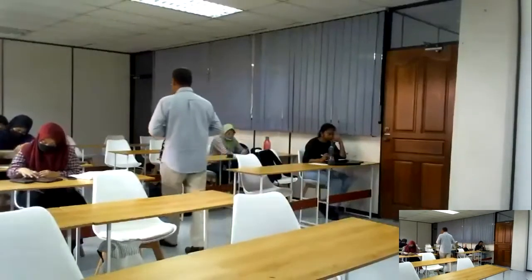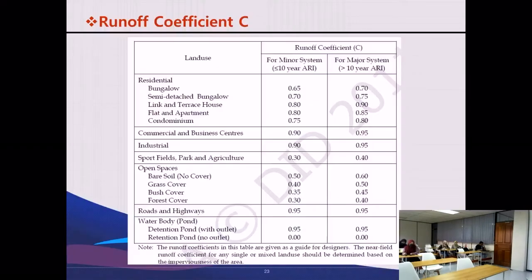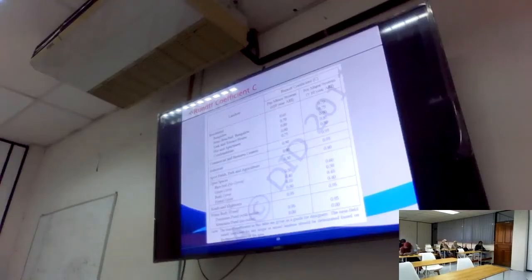We saw earlier, different types of C for land cover. What is C for road surface? Can you go back to the chart? What is the C for road surface? Yeah, the C is 0.95. So C is 0.95.